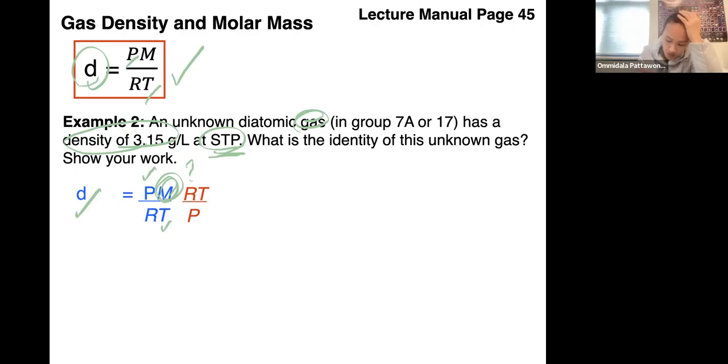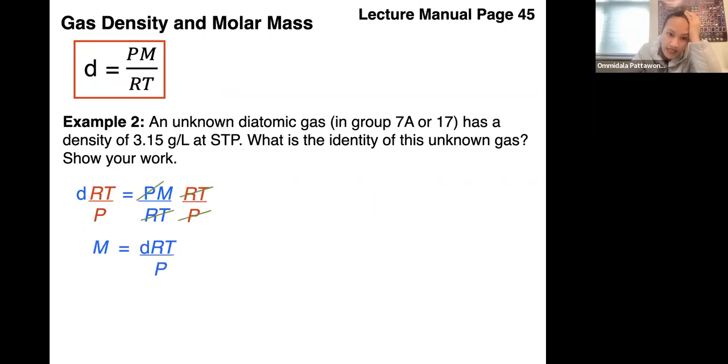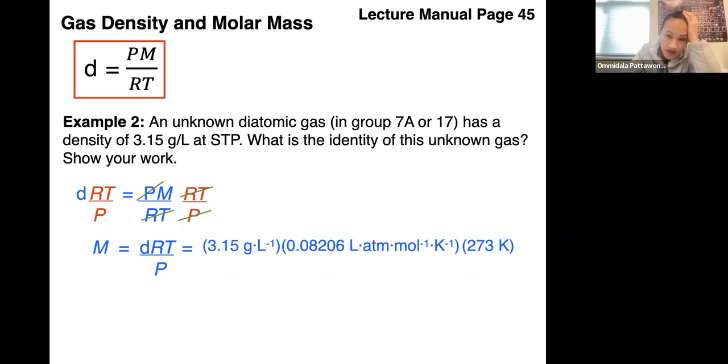If you rearrange the equation, you get molar mass equal to density times the gas constant times temperature divided by pressure. All I have to do is plug in density, plug in the R value, plug in temperature, which is 273 Kelvin for standard temperature, and pressure would be 1 atm.